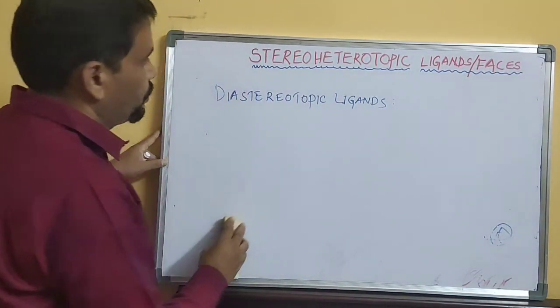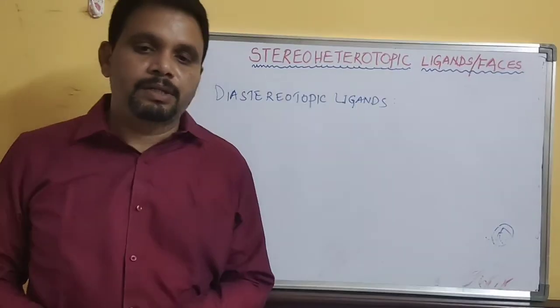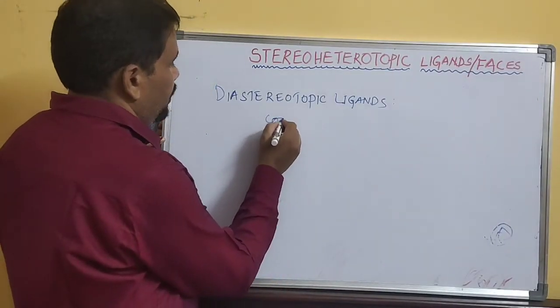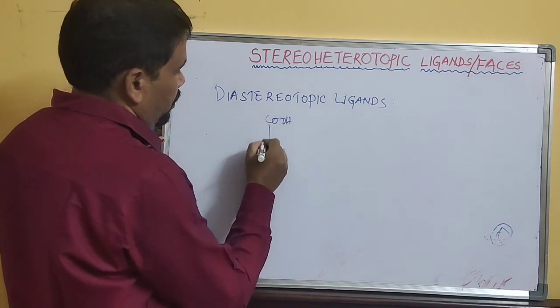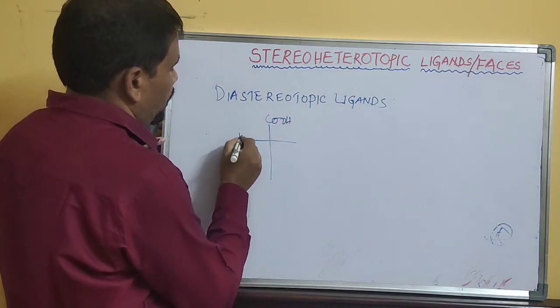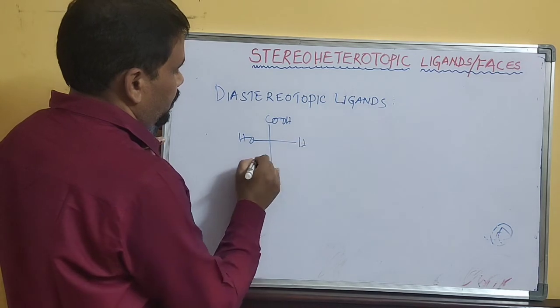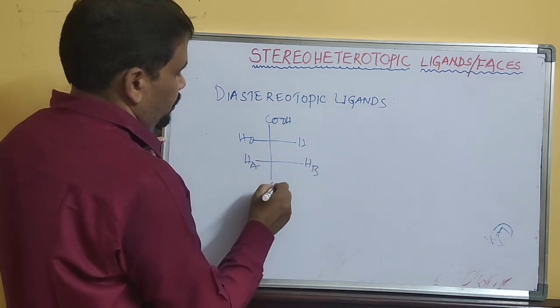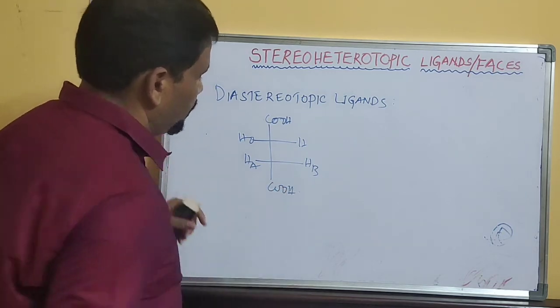So this is about diastereotopic ligands. The best example is the acid, hydroxyl group and hydrogen, HA and HB, COH.